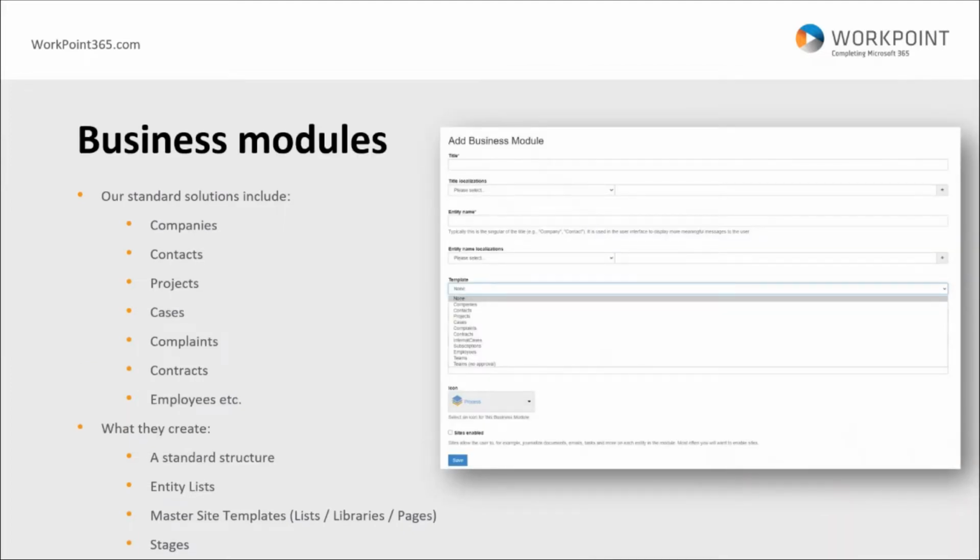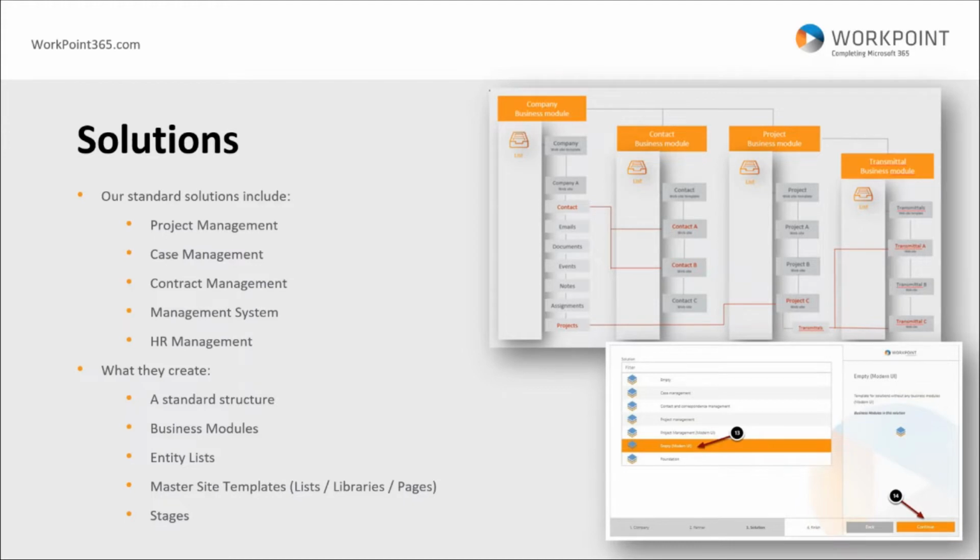Then we have the idea of a business module template. In the previous slide, if I step back, a solution comprises one or more business modules, and each one of these has its own template. So you're not confined to installing a WorkPoint solution, because you may want to use WorkPoint for a different function, say ideas management or legal matters management.